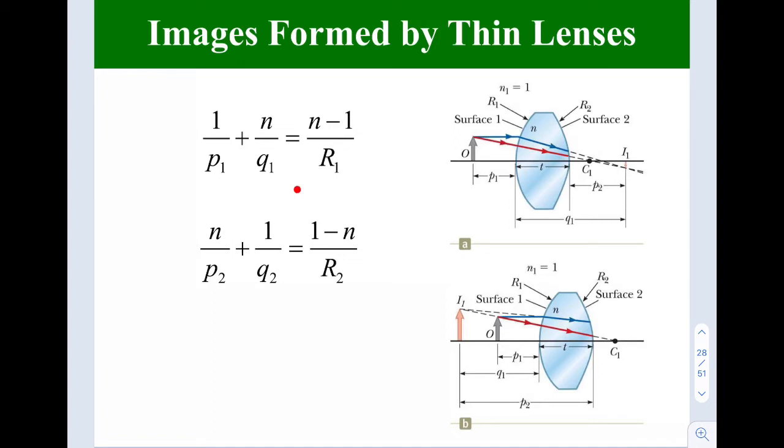If the image formed by surface 1 is real, as in this figure, then q1 is positive. It is negative if the image is virtual, as in this figure.